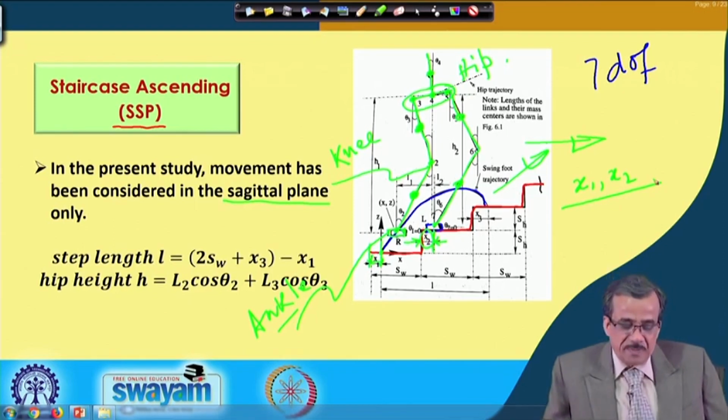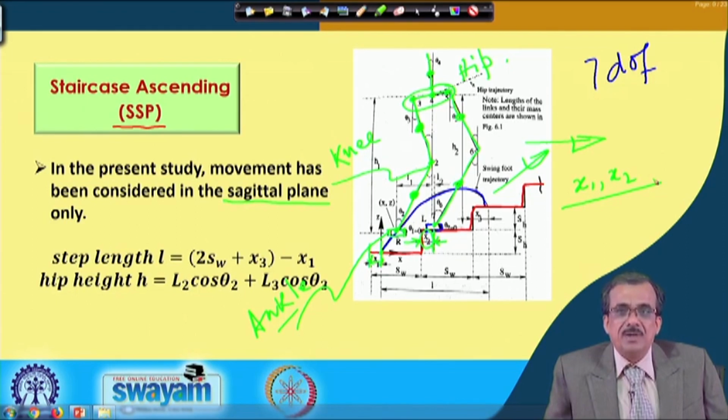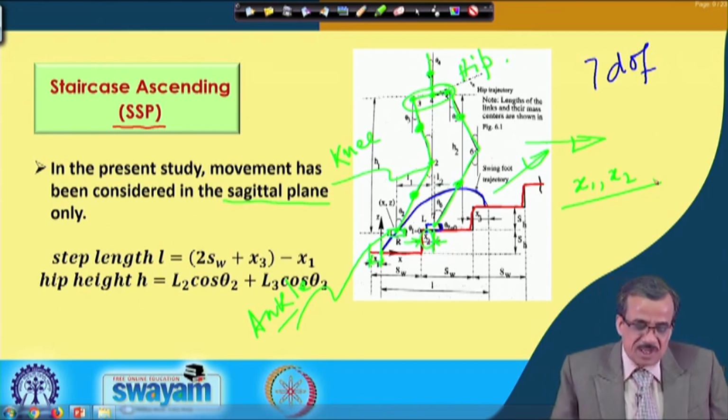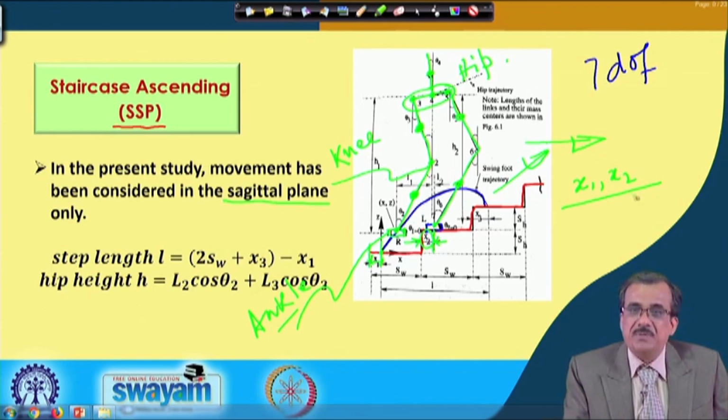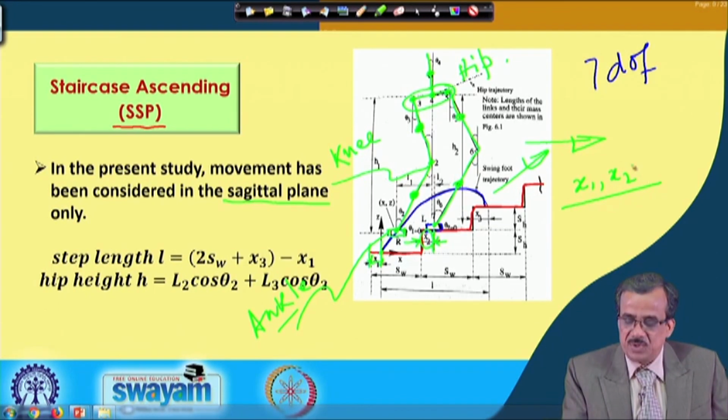Now, if you see the way an old person walks or negotiates a staircase and the way a young person negotiates it, there will be a lot of difference, in the sense that the place where they put the foot will be different. The x1, x2 for an old person and x1, x2 for a young person will be different.